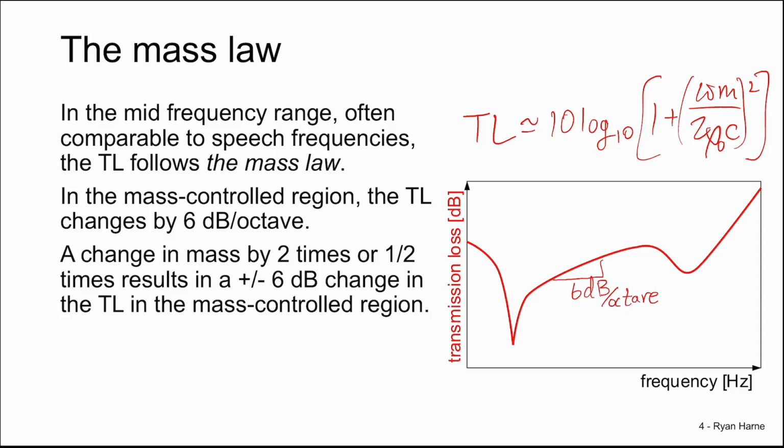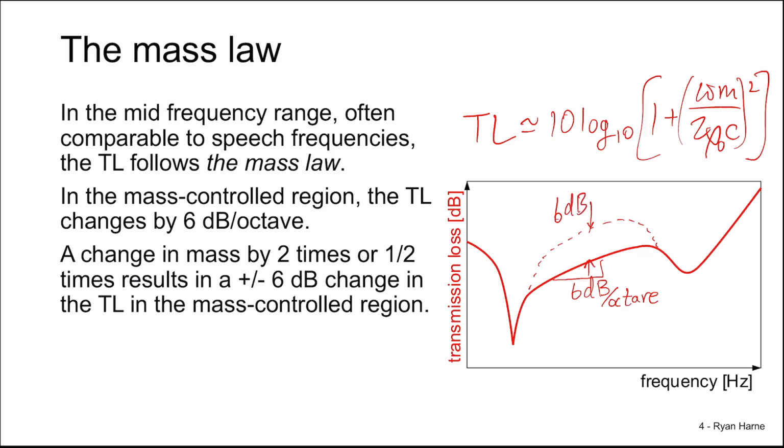And if we double the mass, such as by doubling the thickness or density of the panel, we increase the transmission loss over the mass-controlled region by uniformly 6 decibels. So the resulting change would be something like this, where this vertical change would be 6 decibels.